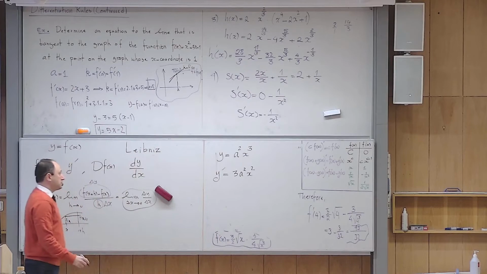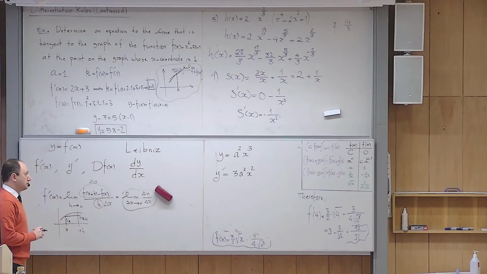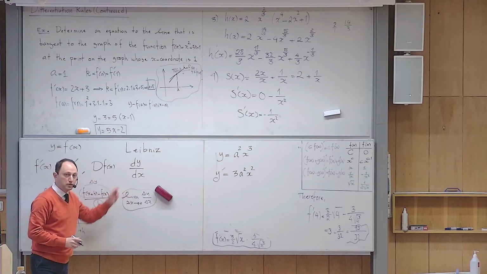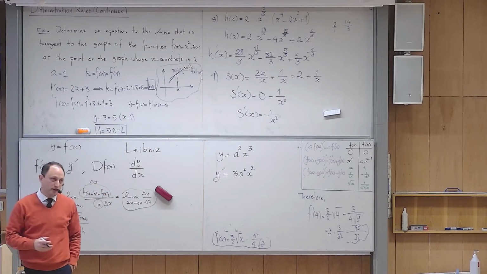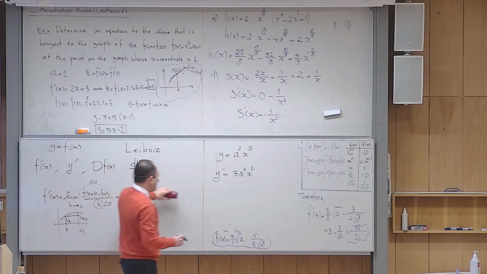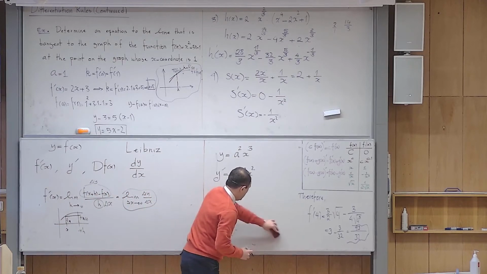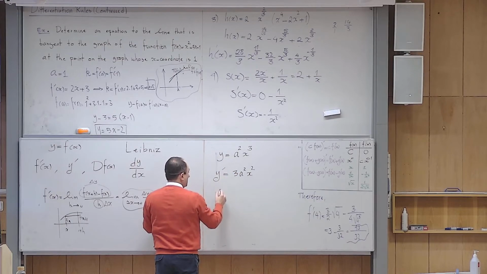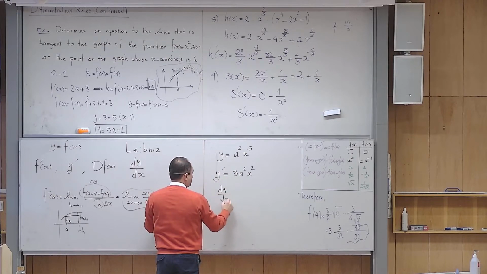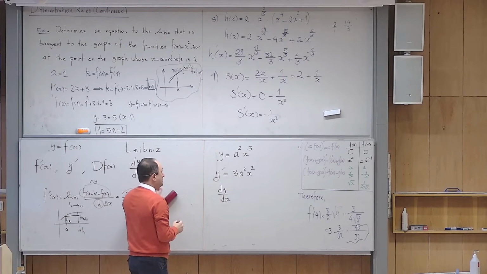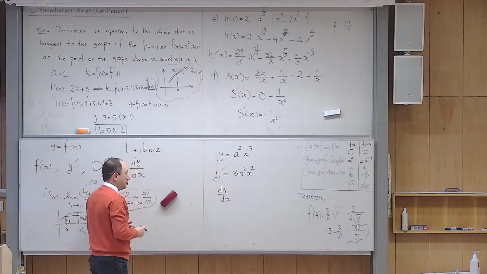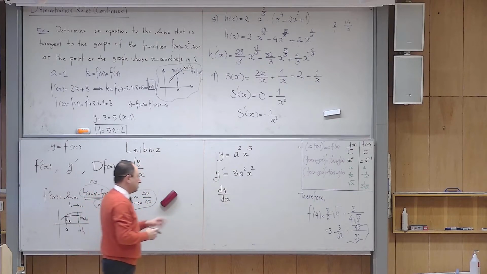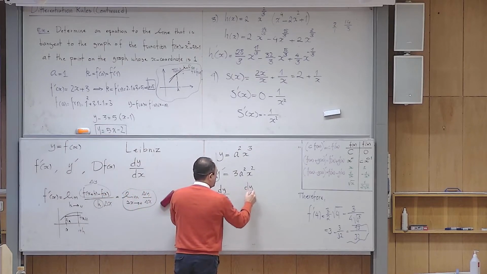But usually you might say, okay, this is a little bit confusing. How should I know that x is the variable? This is the good point about Leibniz notation. It emphasizes the variable. So in Leibniz notation, if I want to say this, I would write dy dx. But if I mean for some reason a is the variable, then it is good to say dy da.